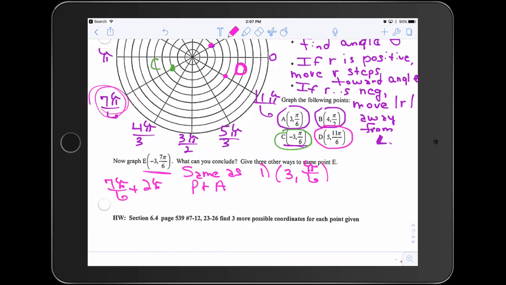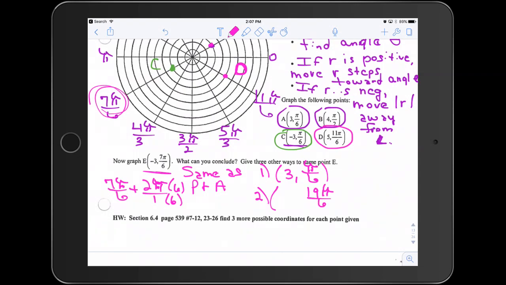And of course, when you add 2 pi, let's put this over 1, get a common denominator, so I'm going to multiply top and bottom by 6. And what do we end up with there? We end up with 19 pi over 6.